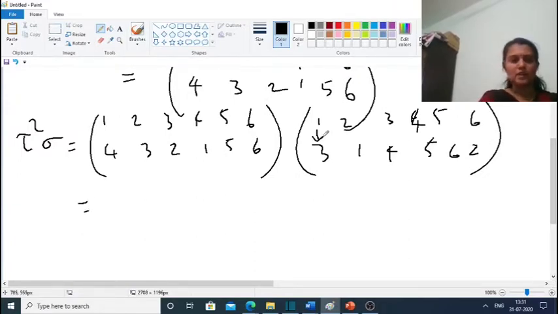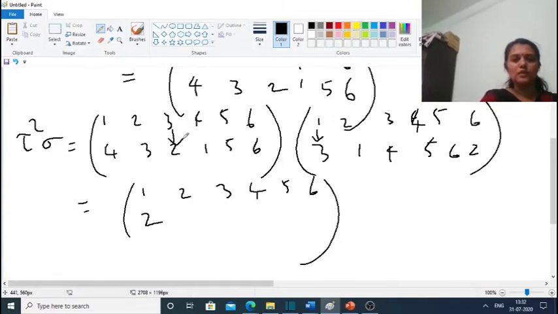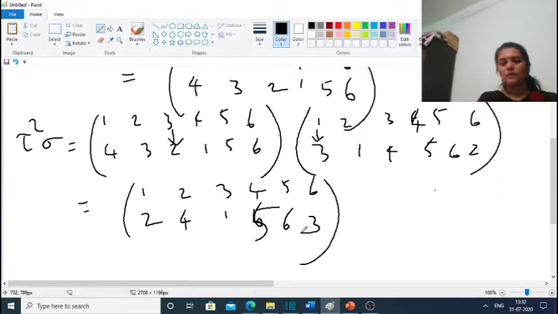We write 1 2 3 4 5 6. 1 goes to 3, 3 goes to 2; 2 goes to 1, 1 goes to 4; 3 goes to 4, 4 goes to 1; 4 goes to 5, 5 goes to 5; 5 goes to 6, 6 goes to 6; 6 goes to 2, 2 goes to 3. So 2, 4, 1, 5, 6, 3. This is tau square sigma.